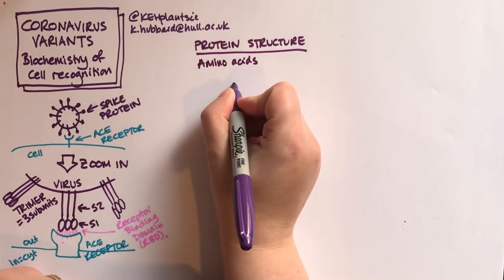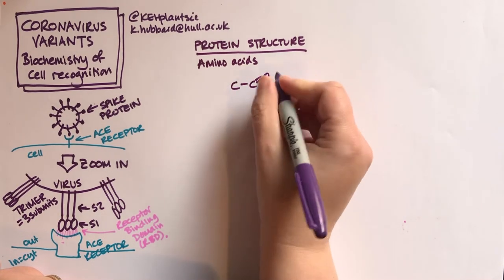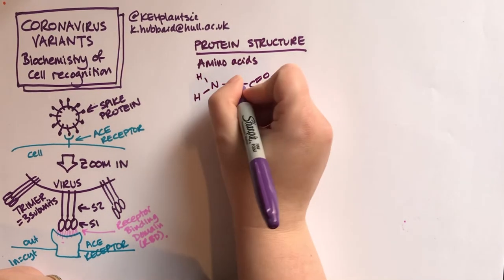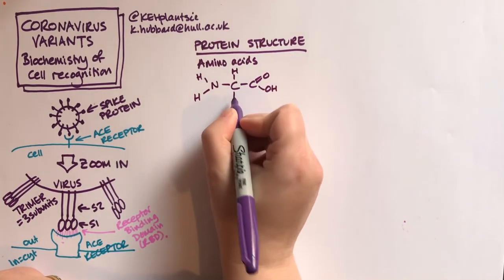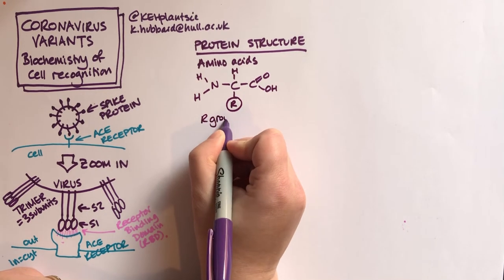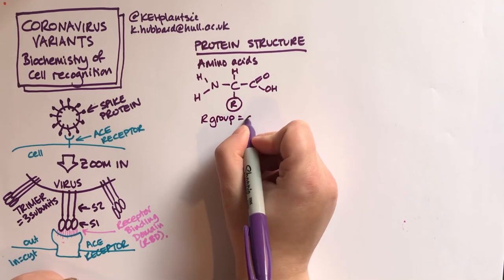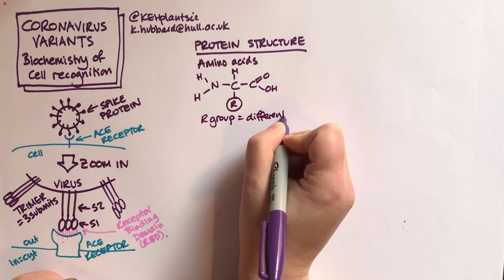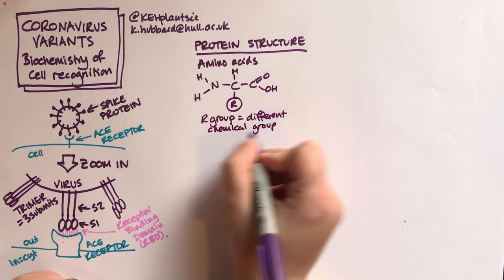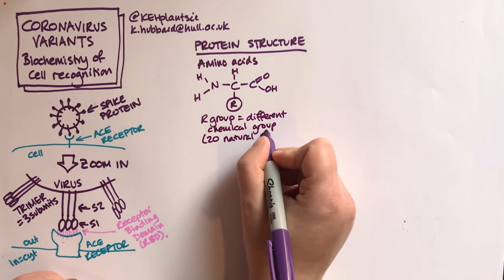And they have the molecular structure of a central carbon atom, a carboxylic acid group, an amino group which contains nitrogen, a little hydrogen, and a group that is sometimes called the R group. And that R group can be basically whatever chemical group you like. You can stick anything on the side of an amino acid, but naturally there are 20 natural R groups.